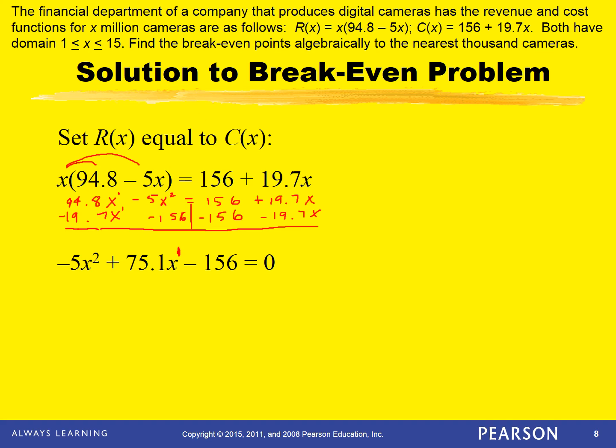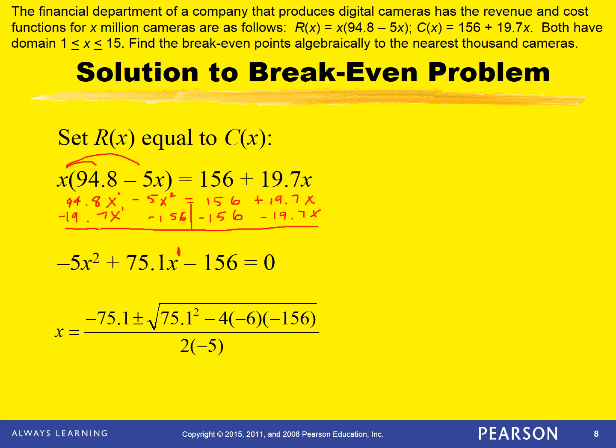And the negative 5x squared is there, and the negative 156 is there. Okay? And we could solve that using the quadratic formula, with a equal to negative 5, b equal to 75.1, c equal to negative 156.